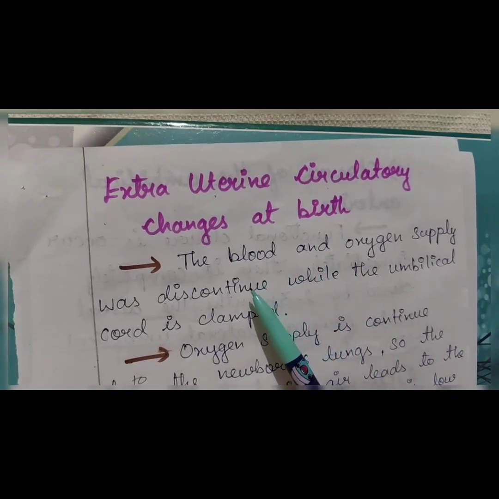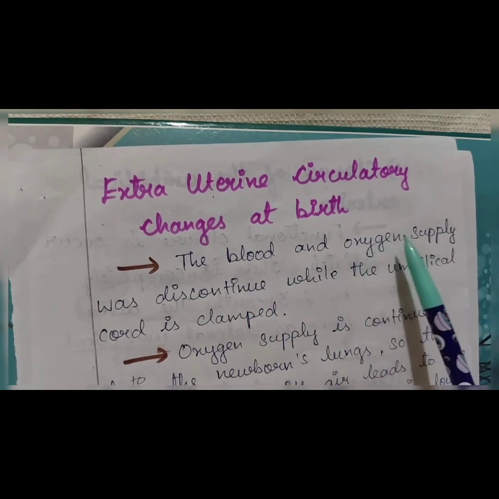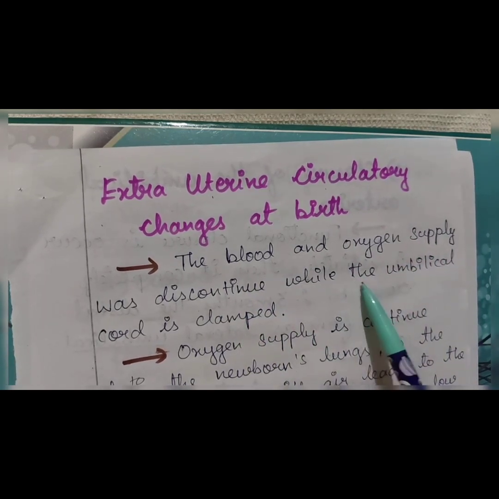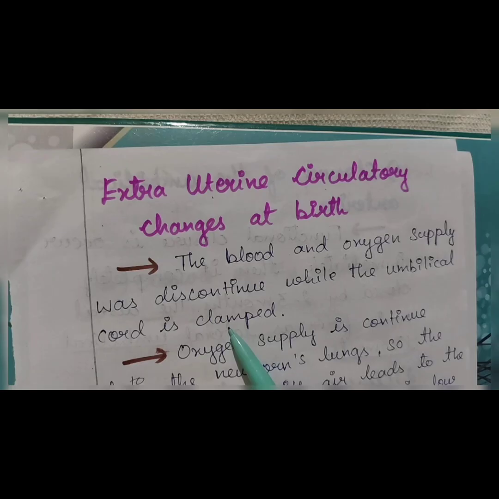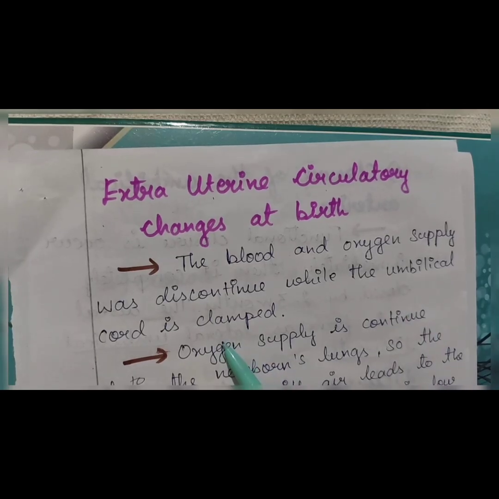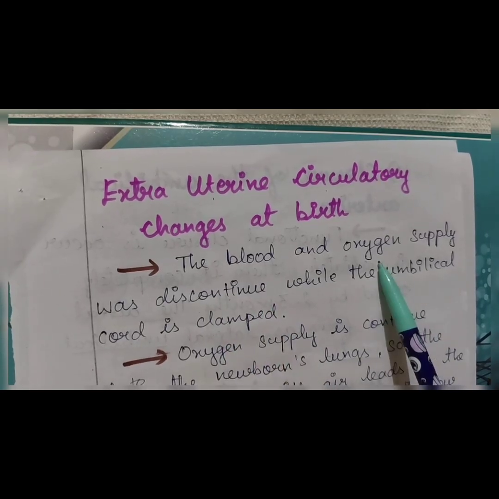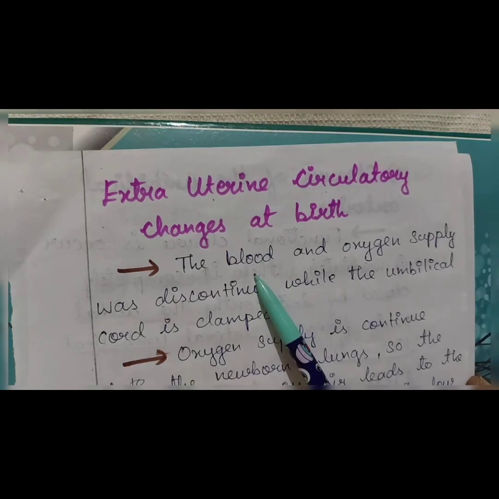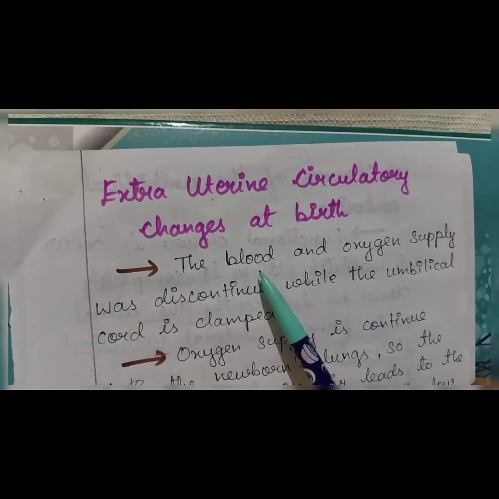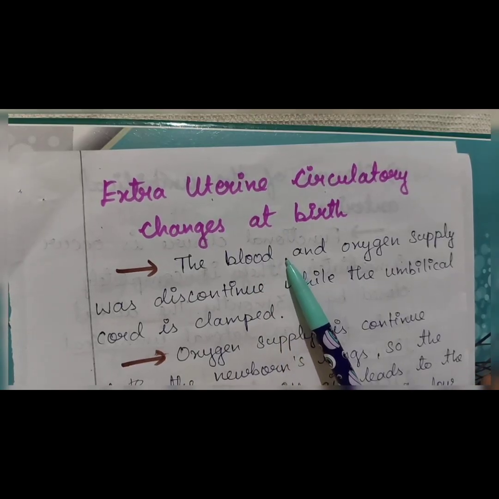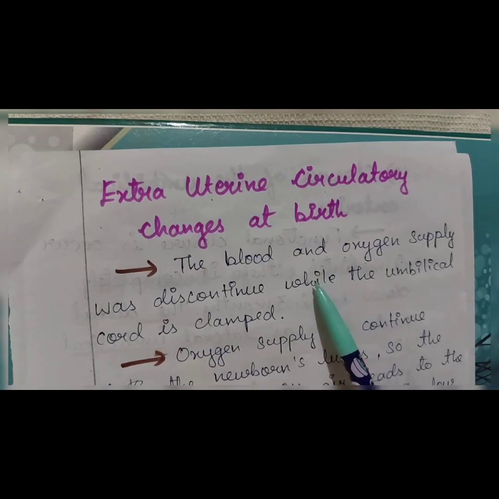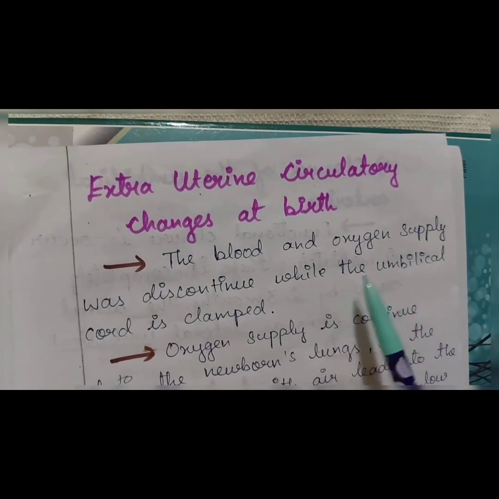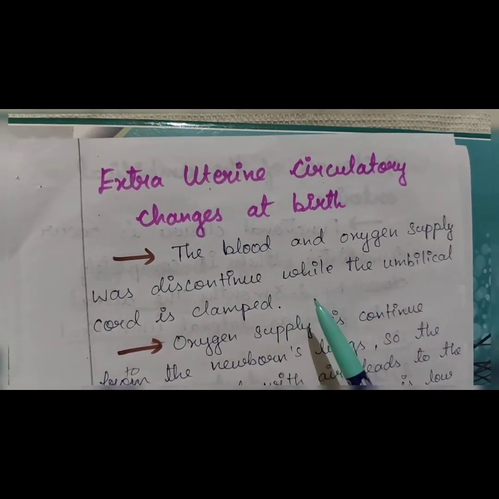The first one is that the blood and oxygen supply is discontinued when the umbilical cord is clamped. The blood and oxygen supply that the fetus received from the placenta will be discontinued when the umbilical cord is clamped.